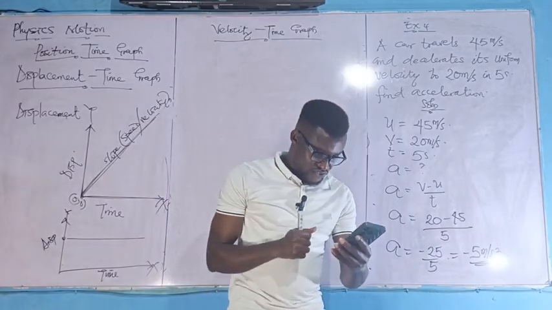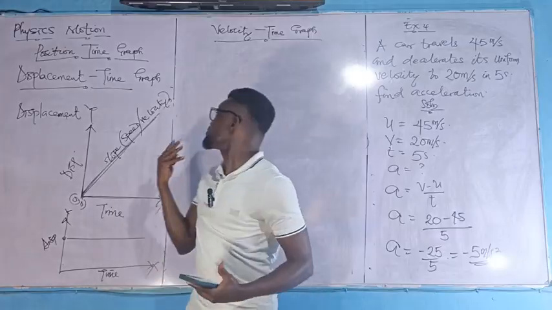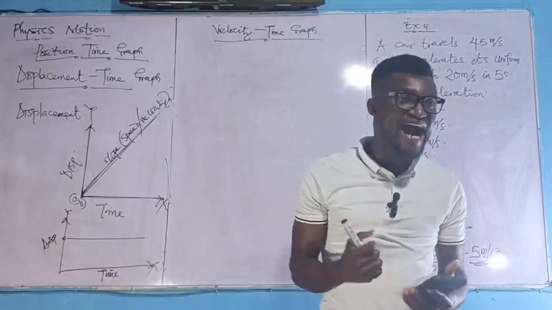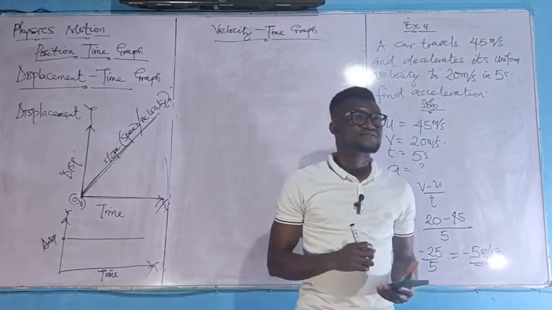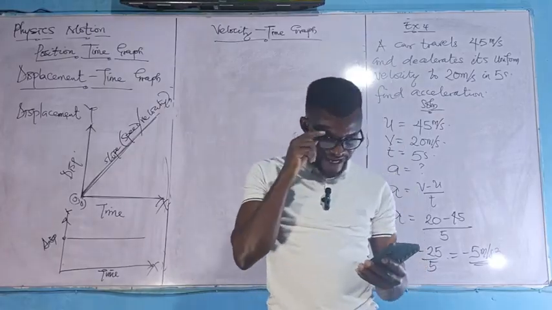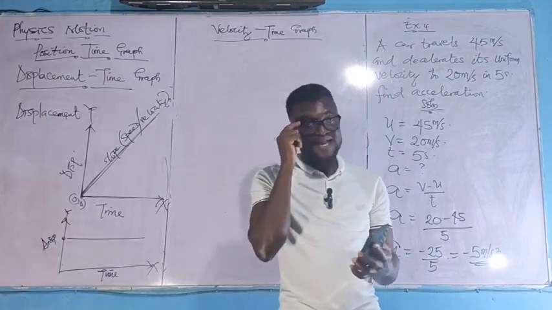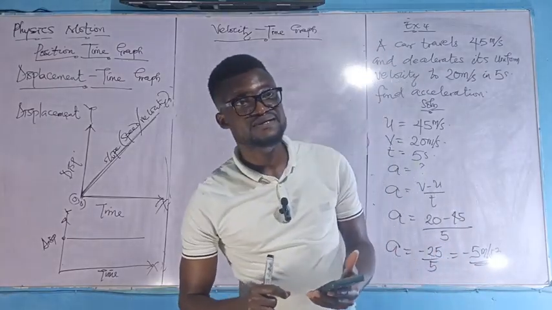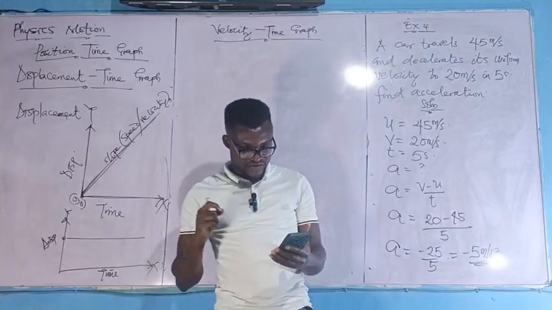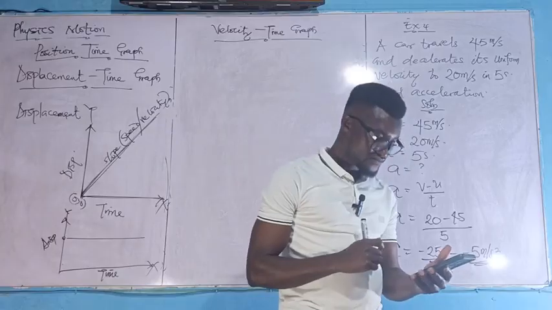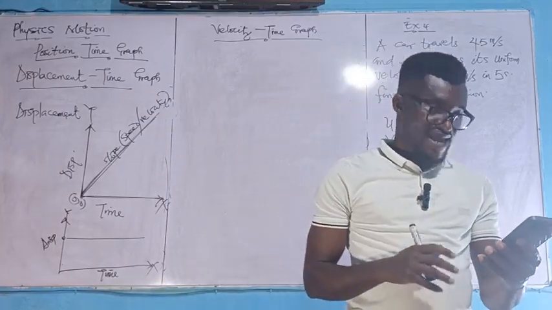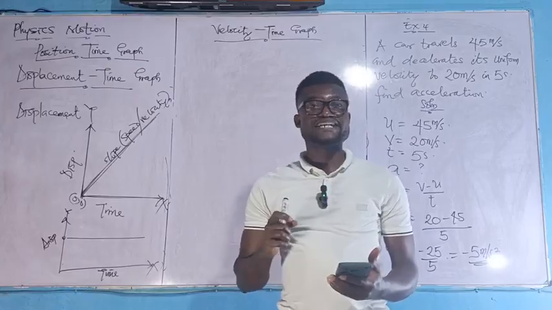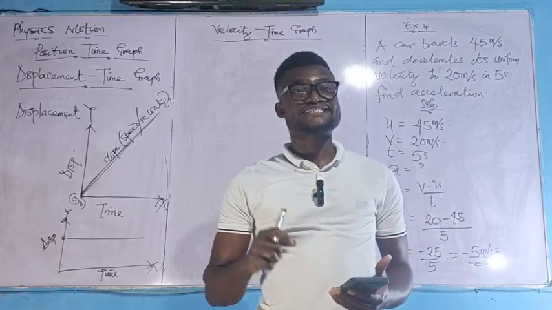Okay. So let's get the definition of the velocity-time graph. The velocity-time graph can be defined as the graph which shows velocity against time.